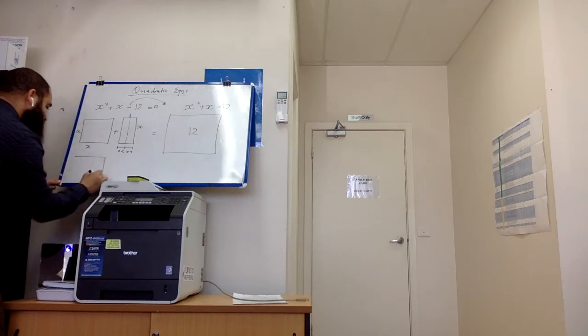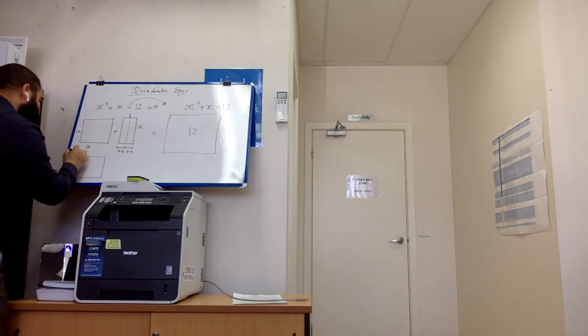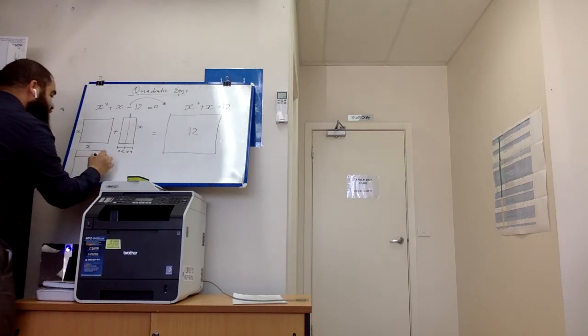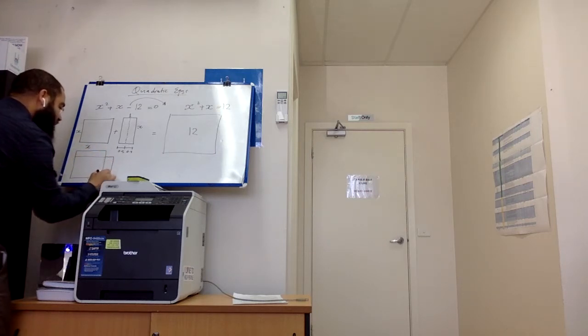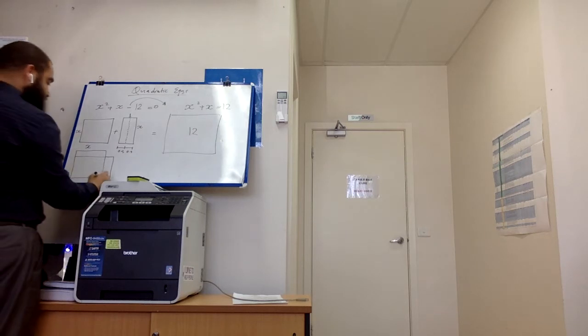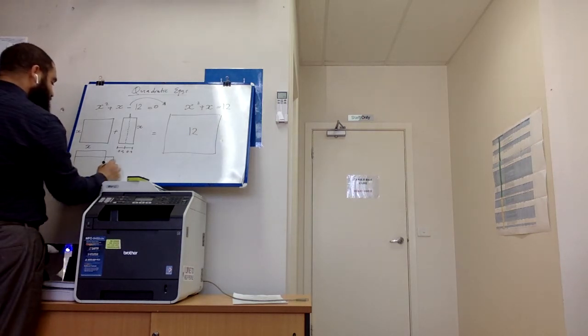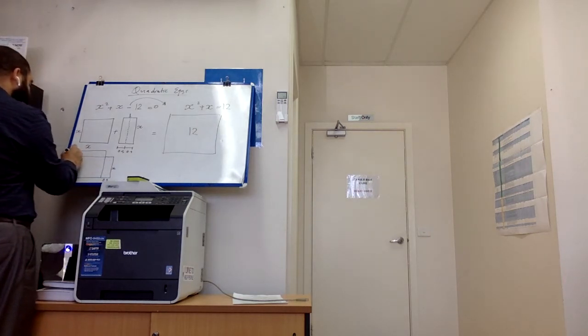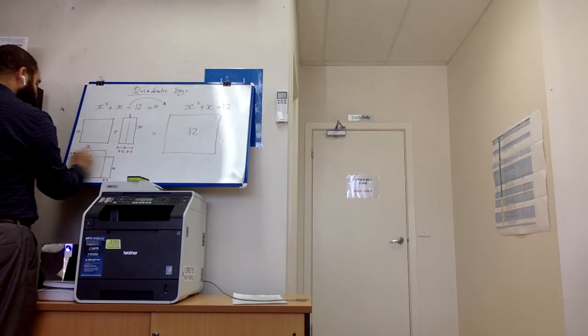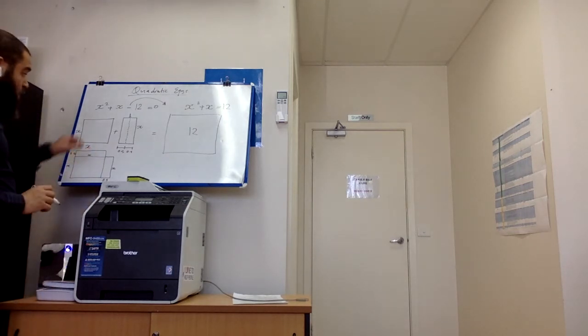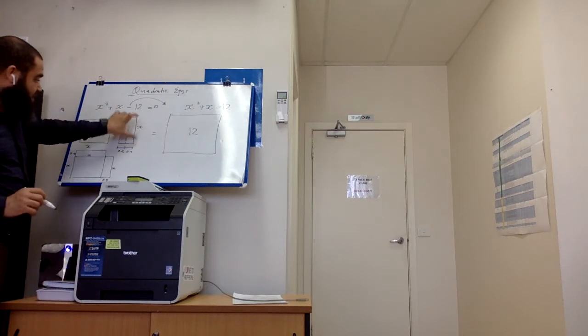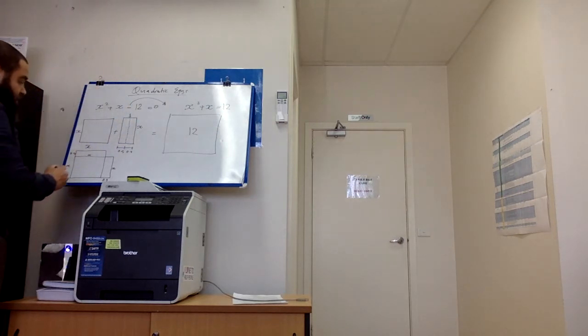So x will be like this, with this added rectangle here, and another one added here. So this one is half times x, and this one is half, and this of course is still x. So half times x, half times x, I've added them to this shape.